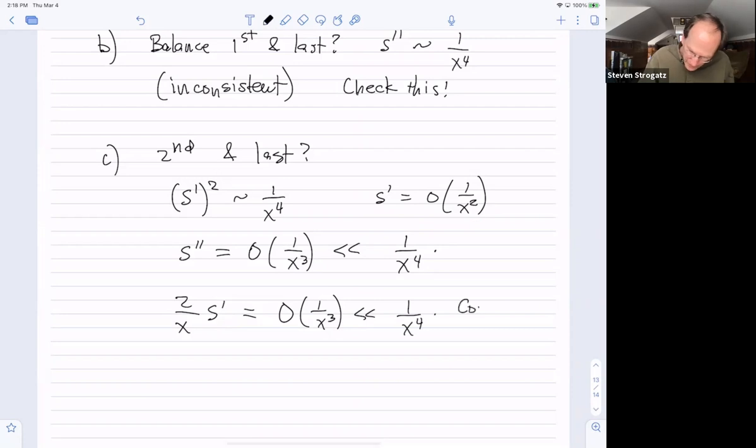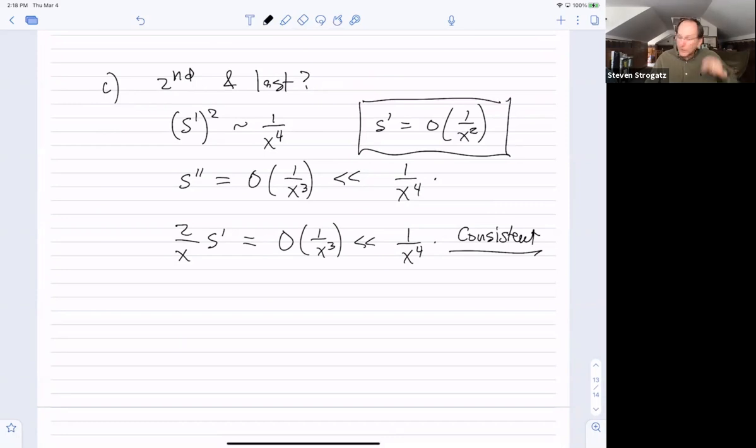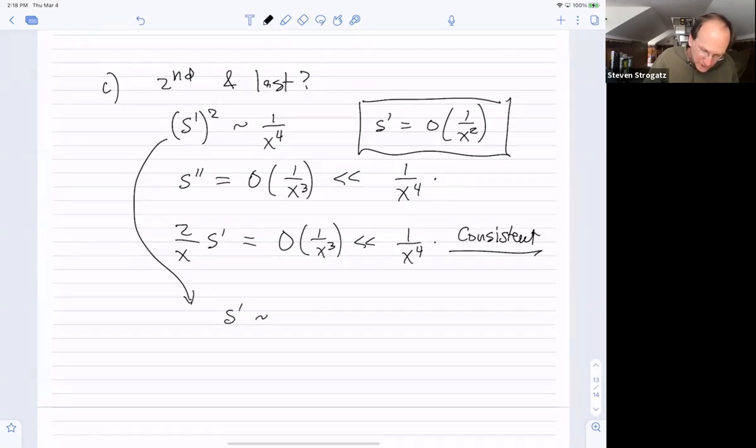So this whole thing is consistent. And once we've observed that s prime is of that order, we can just solve for s prime. Using this asymptotic formula here, those are the dominant terms. And so s prime, taking square root of both sides, is plus or minus 1 over x squared.